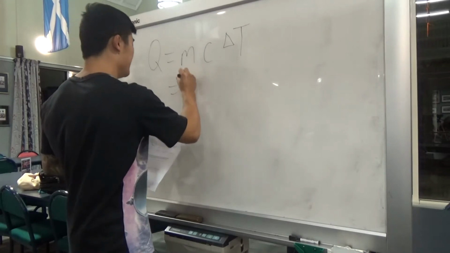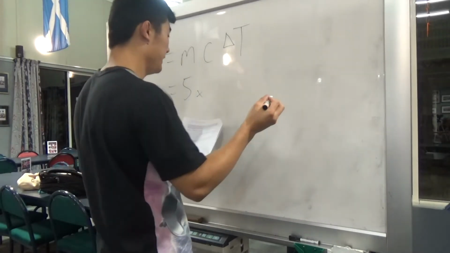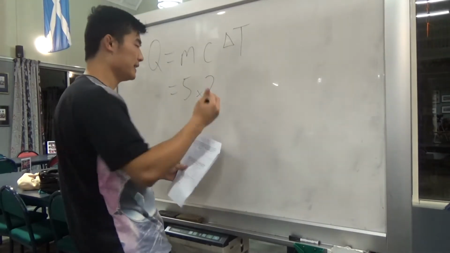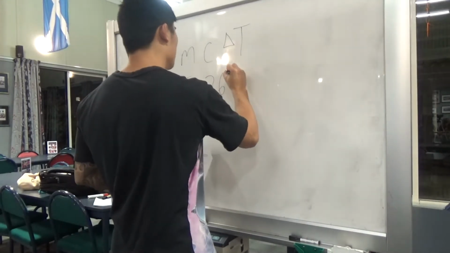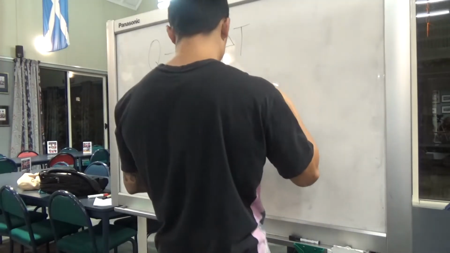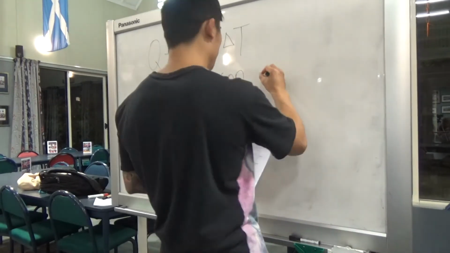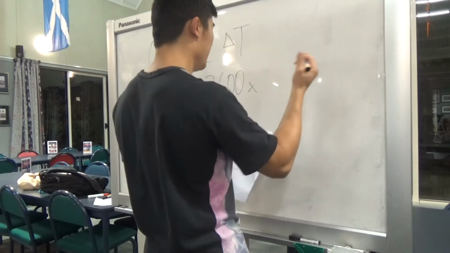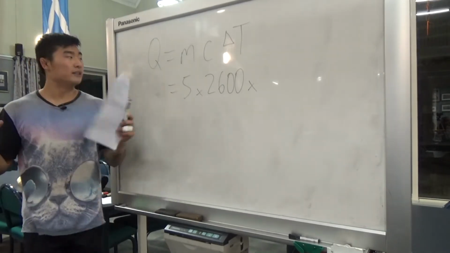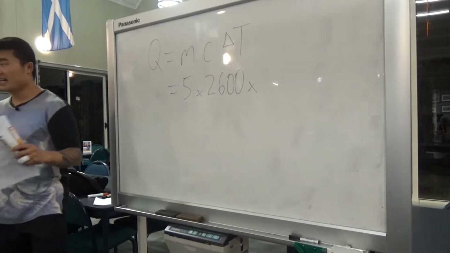So mass is 5 kgs. The heat capacity is 2,600, or 2.6 times 10 to the power of 3, times the change in temperature, which is negative 21. It doesn't matter. We just want to find out the magnitude of the energy, so we don't have to worry about the signs.